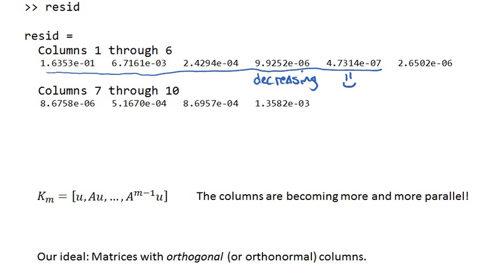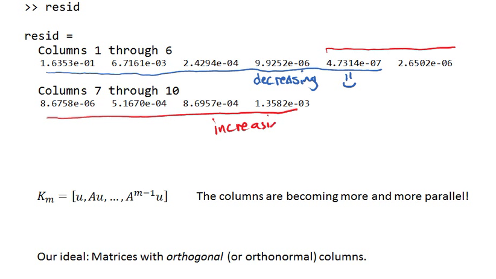So for a while, we're getting happier. But then we see they get worse. The residuals get larger. And that's not good news for us because it means we're getting further away from the solution rather than closer.